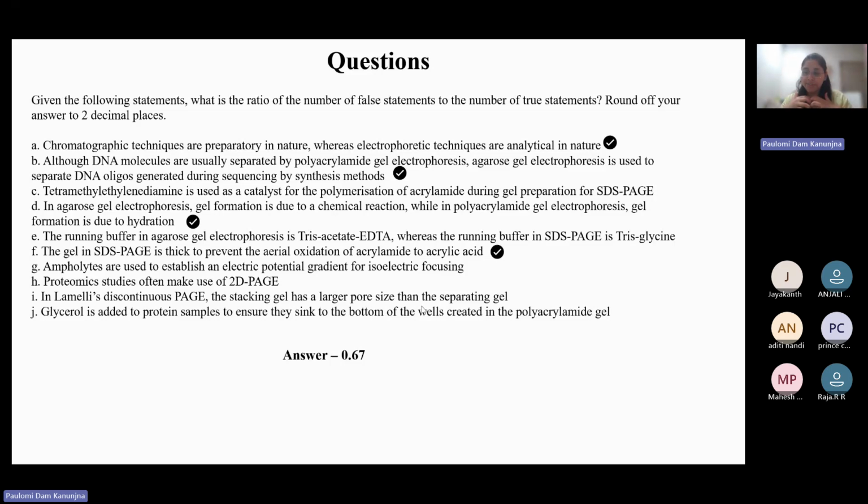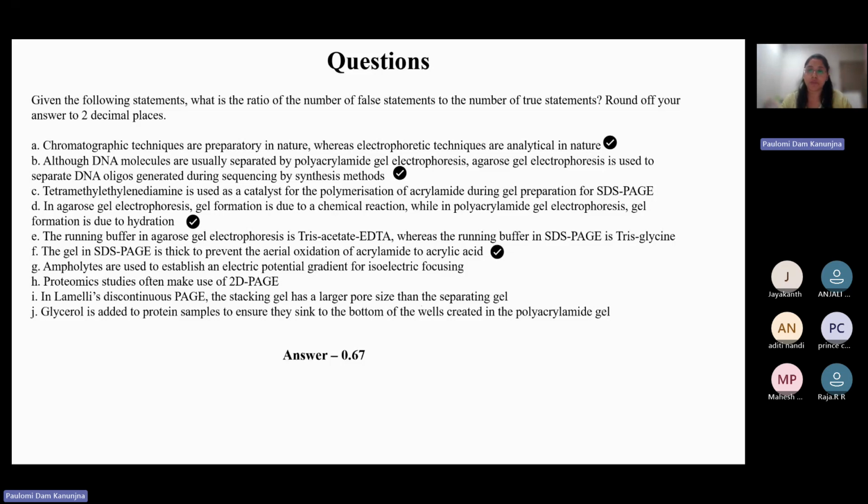So here, the gel is formed due to a chemical reaction, while in the first, which was agarose, the cooling down of the solution leads to formation of the gel. As they cool, because of hydration, these molecules come together and form a matrix. So it's also written in the opposite way. Agarose gel is formed by hydration, while in PAGE it's formed due to a chemical reaction.